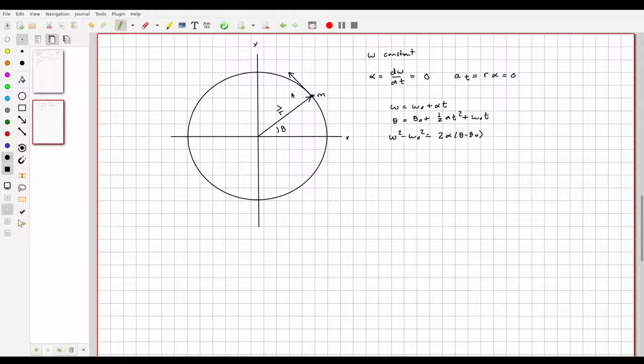So if you go back and look at these and think, okay, my angular acceleration here is 0, that means you can clear some of these things out. I'm going to assume that when this thing starts, it starts from an angle of 0 just to make my life easy.